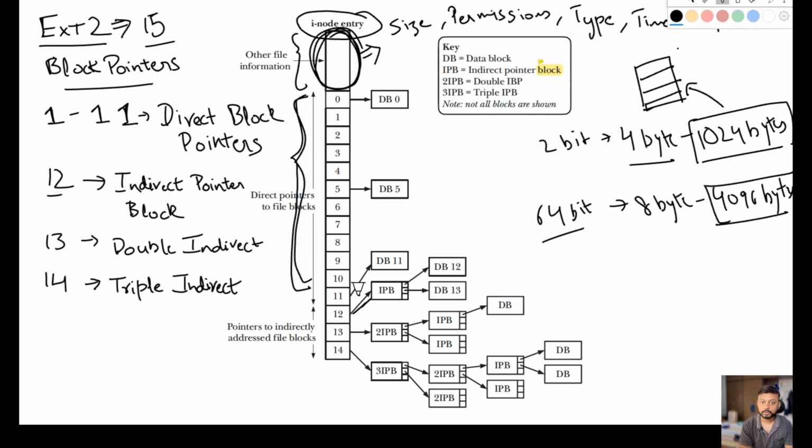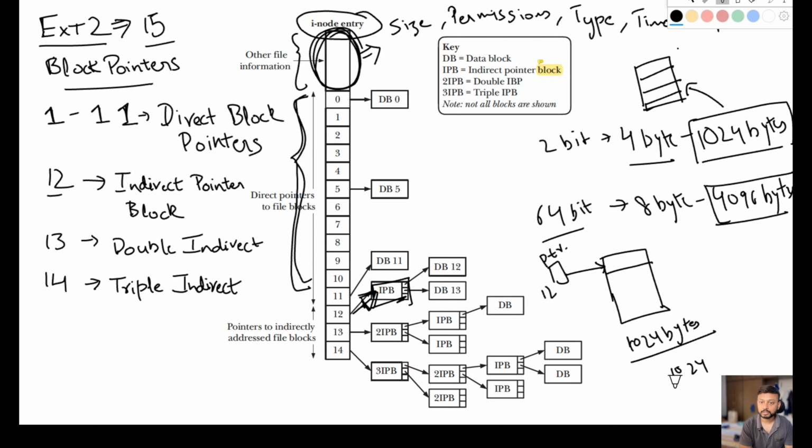The 12th pointer is an indirect pointer that points to a block of pointers. What I mean by this is the 12th pointer will point to a physical page of 1024 bytes in the context of a 32-bit system, and it will contain 1024 divided by 4, that is 256, pointers on this physical page.